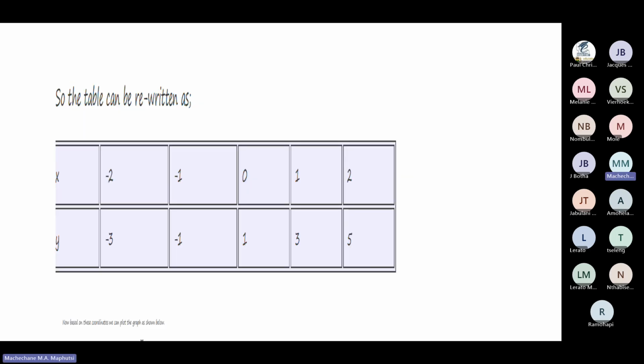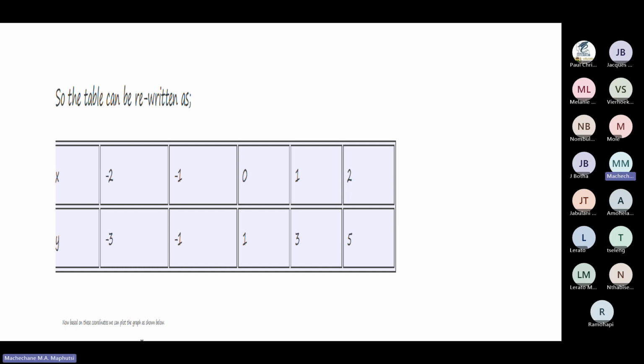You can see that it's -2 and -3, -1 and -1, 0 and 1, 1 and 3, 2 and 5. So now we have coordinates. We call these x and y together coordinates. We used the table to get our x values and our y values.